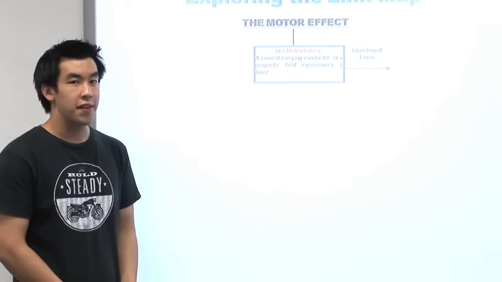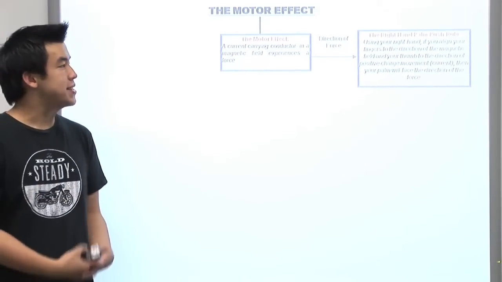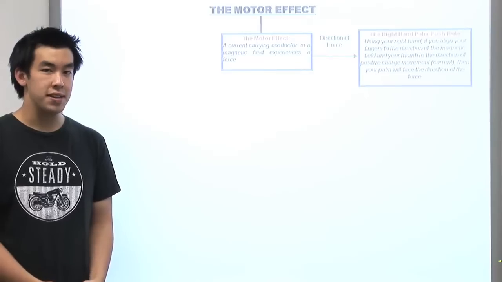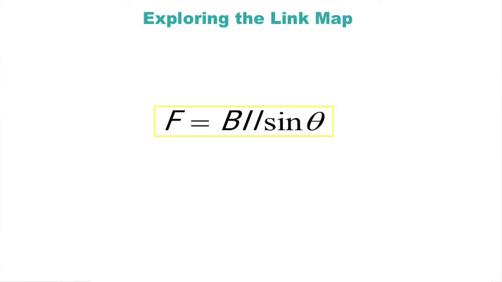Therefore, the right-hand palm rule or the right-hand push rule is linked to the motor effect via an arrow which states that it is related because it describes the direction of the motor effect force. Now, this equation represents the magnitude of the motor effect.